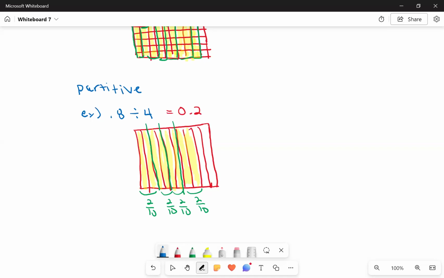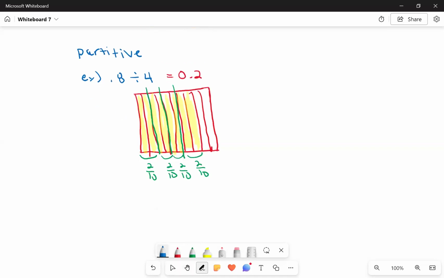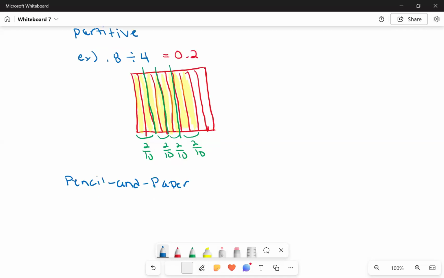All right, let's do the pencil and paper algorithm. Similar to multiplication, we actually kind of divide like normal. The real trick with division is the divisor will never actually have a decimal in it.